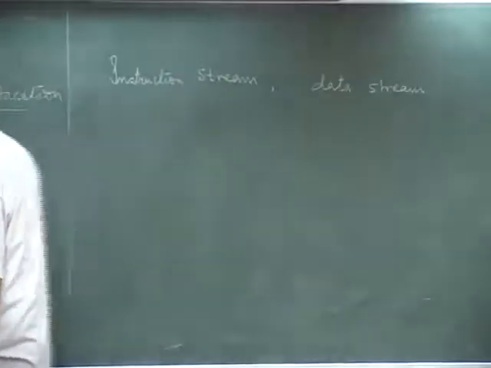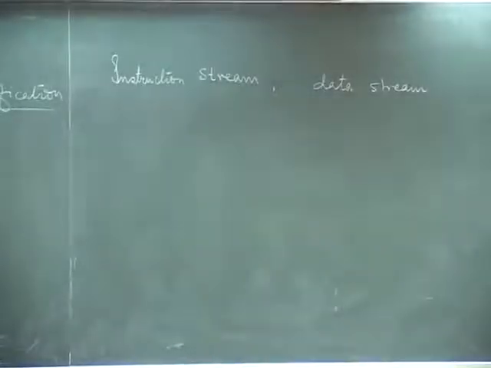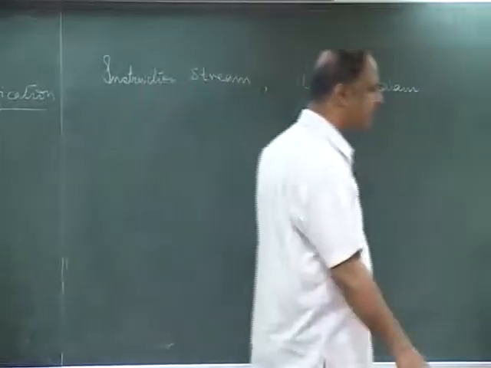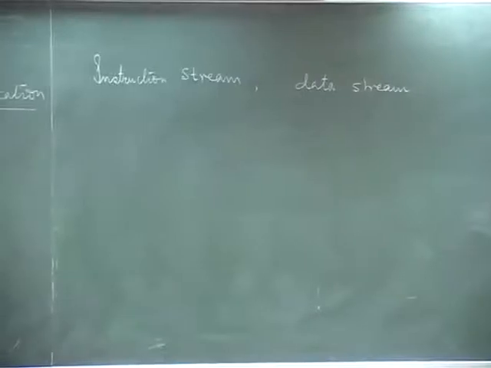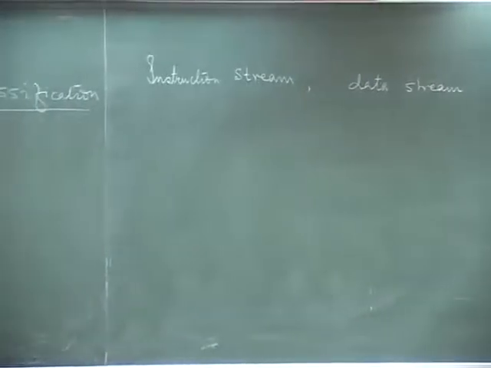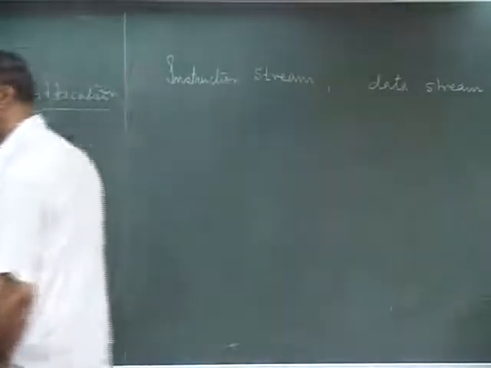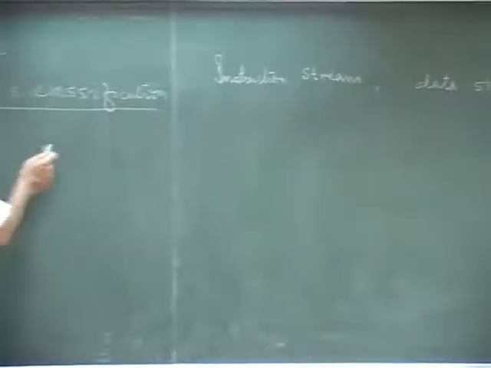By instruction stream, we mean the set of instructions to be performed by different machines, and similarly by data stream, we mean the set of data to be used by different machines. So, Flynn's classification says the machines can be divided into 4 classes.